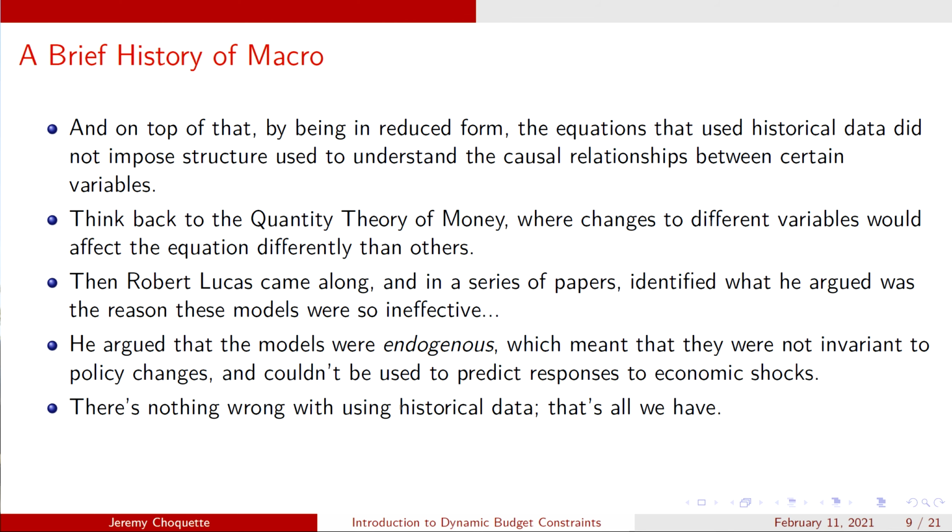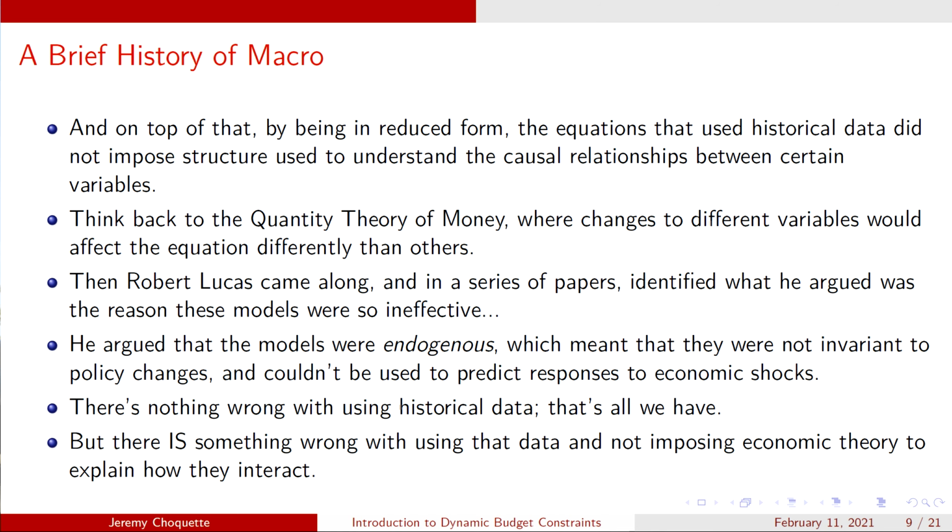Now, I just want to state there's nothing wrong with using historical data because that's all we have, right? We don't have data from the future. I mean, it'd be great if we did. Get in a DeLorean, go 88 miles an hour and go a couple quarters into the future, see what's going to happen. But even then, we're not really predicting anything anymore because we already know what's going to happen. So historical data is literally all that we have.